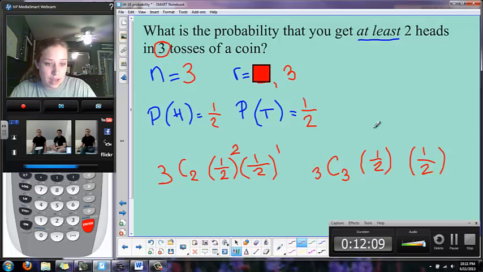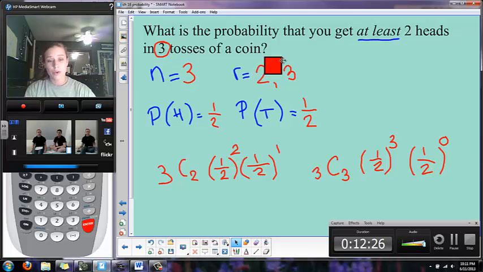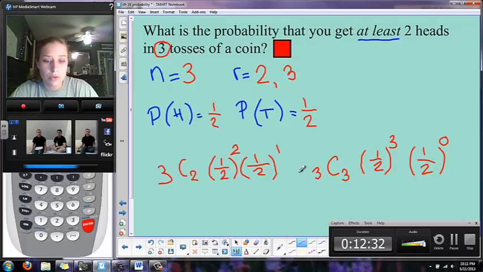So how many times do I want to be successful? How many times do I want to get heads when I flip the coin? That's going to be 3. Now if I'm tossing the coin a total of 3 times and I'm getting 3 heads, I'm getting tails 0 times. So the only thing that changed is because we have at least 2 heads, that means that I had 2 separate values for R. I had to write out the equation twice. And what am I going to do in between there? I'm just going to add them.